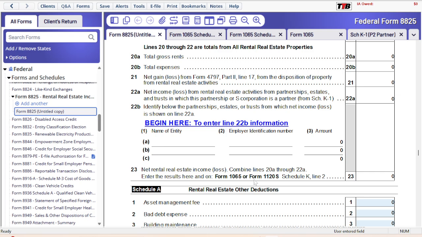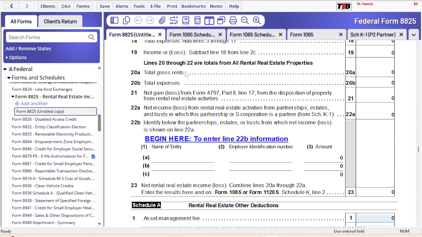So line 23 is combining line 20A, line 20B, line 21, and line 22A, putting it here, and that will be the net rental income or loss. And that means the expense should come out of it already.